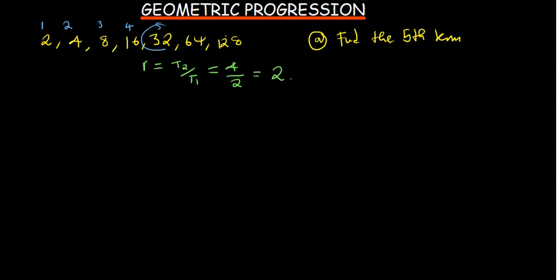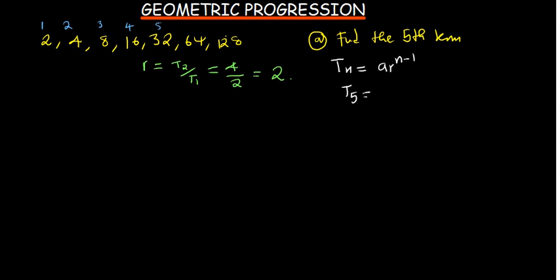We've seen that the fifth term is supposed to be 32, but there is a formula that we are able to use to get that. For a geometric progression, any term is given by ar to the power n minus 1.